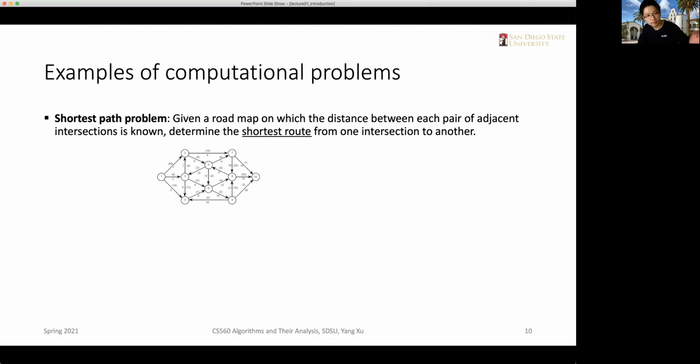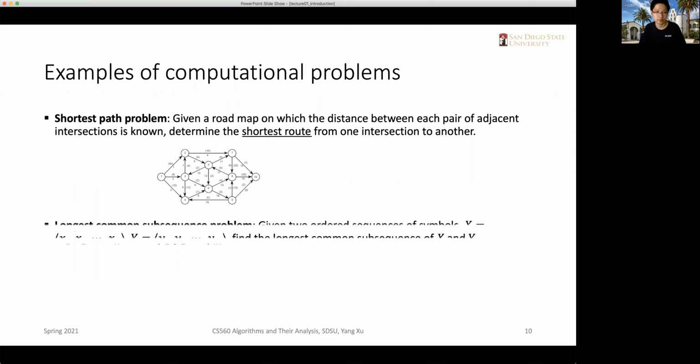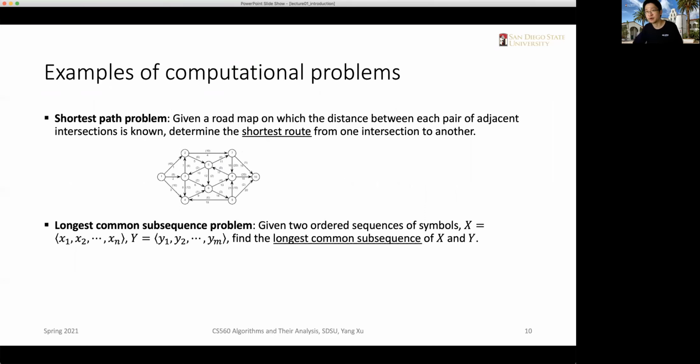So this shortest path problem, we will cover in the graph algorithms chapter, which will be in the second half of the semester. And the longest common subsequence problem. This is something we use when we talk about the human genome projects: if we want to compare how similar two sequences are, then we will use an efficient implementation of such an algorithm.